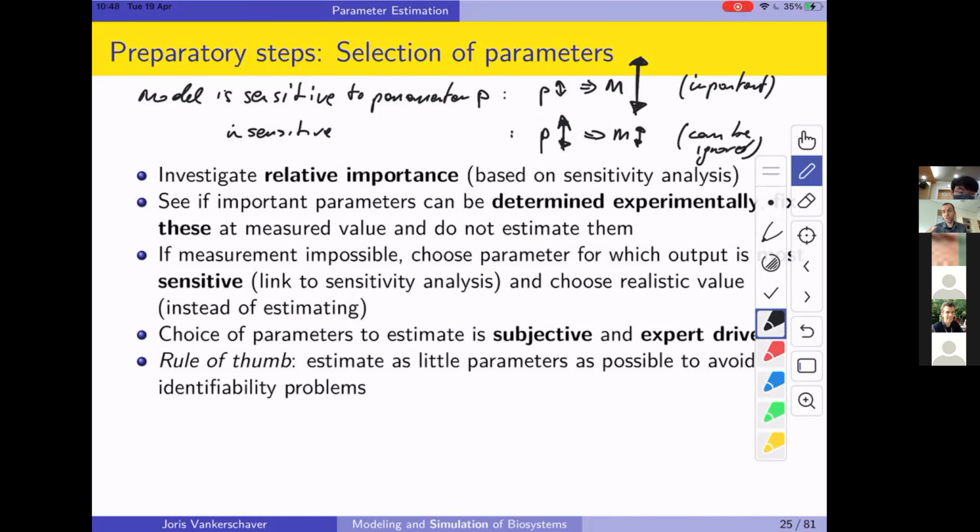Where do you draw the cutoff between important and can be ignored? It depends on the analysis and the problem at hand. It could be, for instance, that my chemical reaction happens to be not sensitive to the temperature.